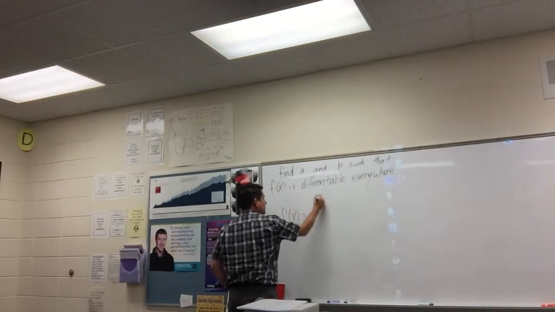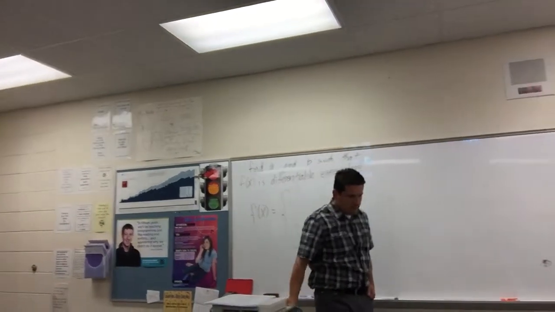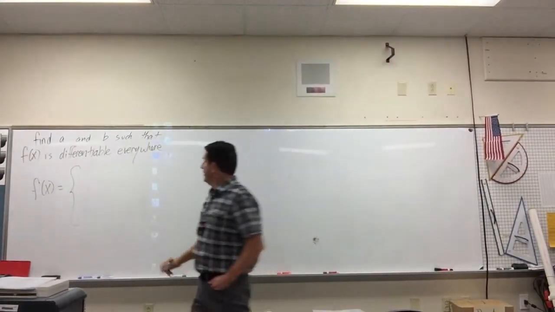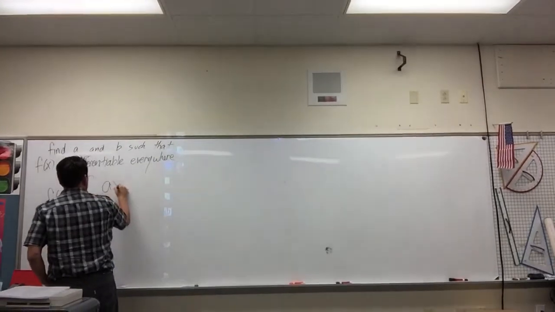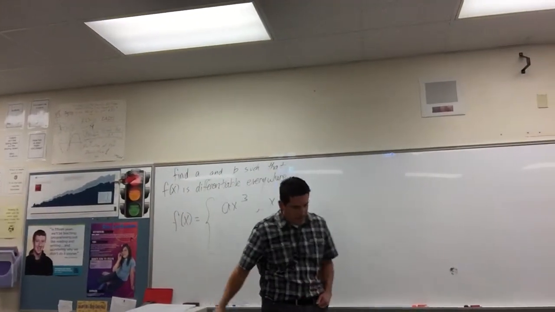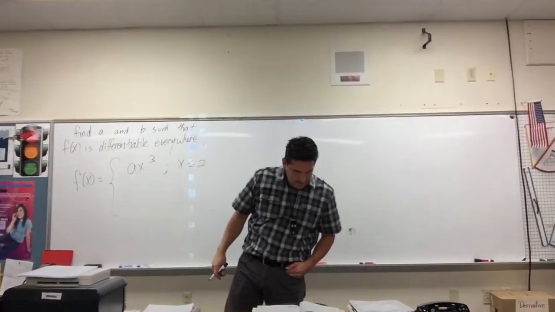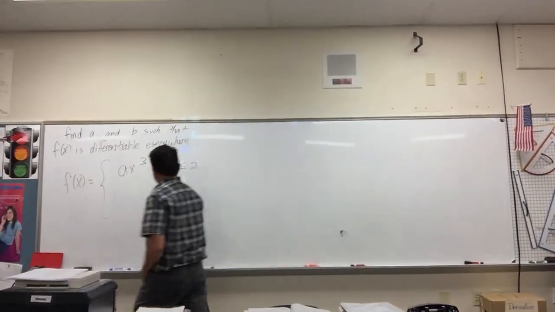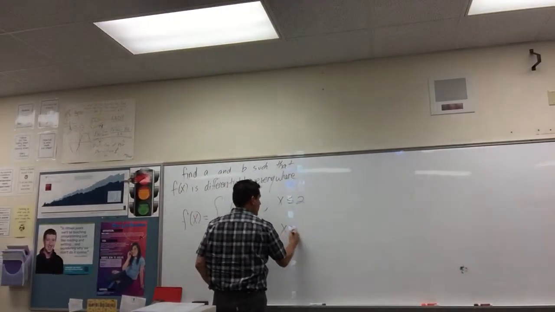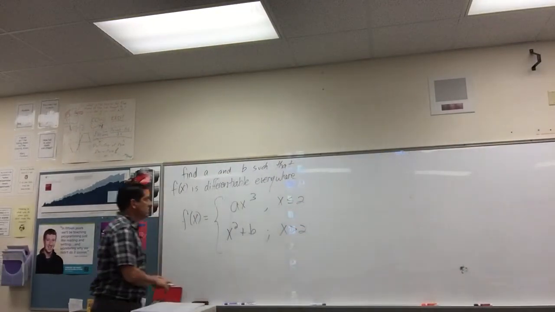F of x is equal to, and it gives you this weird thing, ax to the third for x less than or equal to 2, and x squared plus b for x greater than 2. Okay.